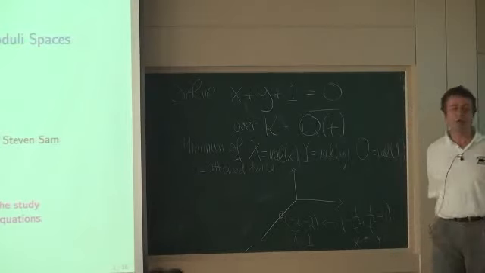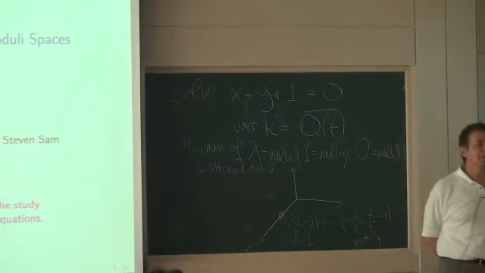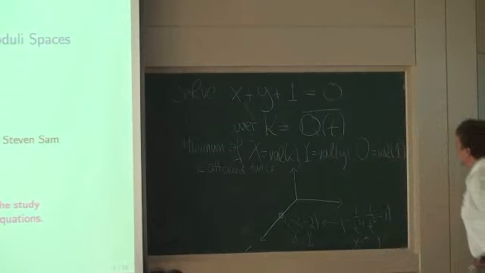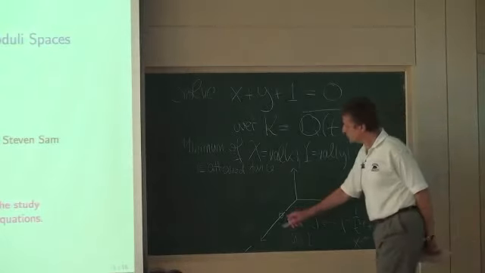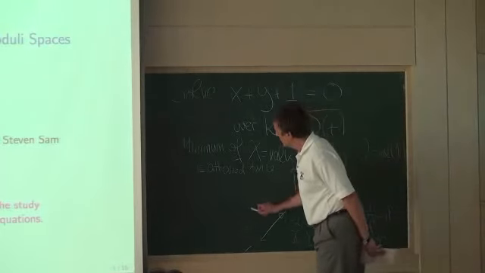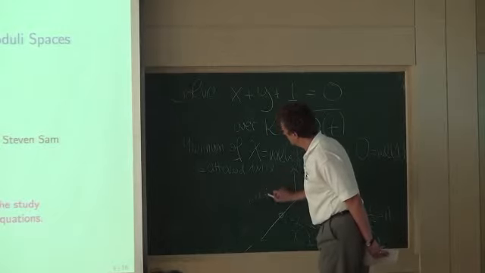So I have found a solution to my linear equation, and I'm organizing them according to their valuation. So this is called a tropical line.